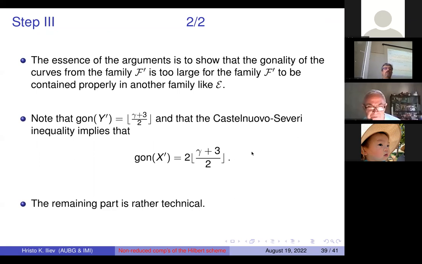The essence of the argument that follows, which I'm not going to explain, is that the gonality of the curves of the family f prime is too large for such a family to be contained properly in a component like E. I'll stop at this point. That's the essence of the argument that follows.